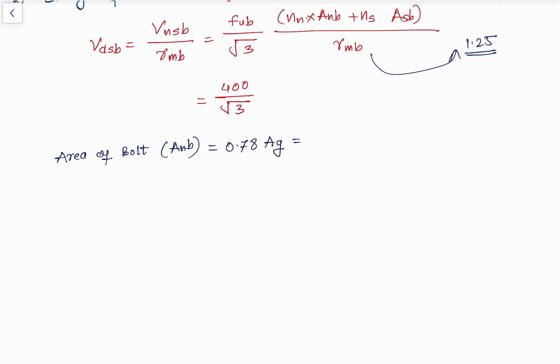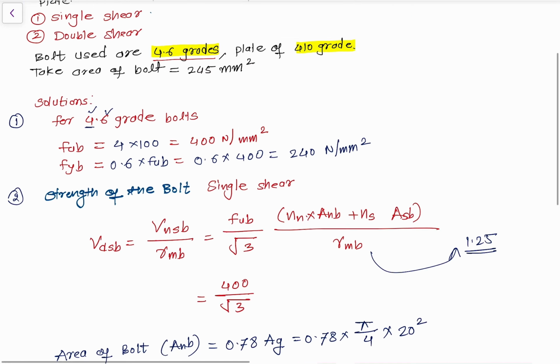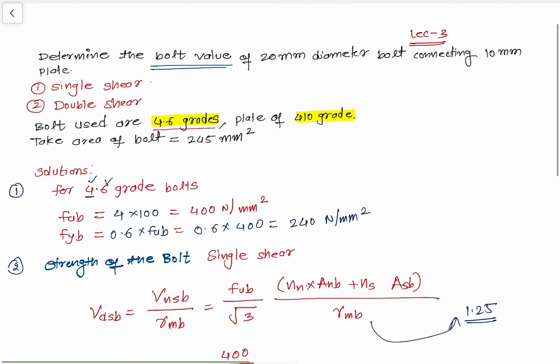So 0.78 will keep as it is, and gross area will be pi by 4 into d square, and d is what? 20 mm diameter. It is provided to us that we are going to use the 20 mm diameter. Okay. So it is already provided that we are going to use a bolt. That's why I'm considering NS value as 0.